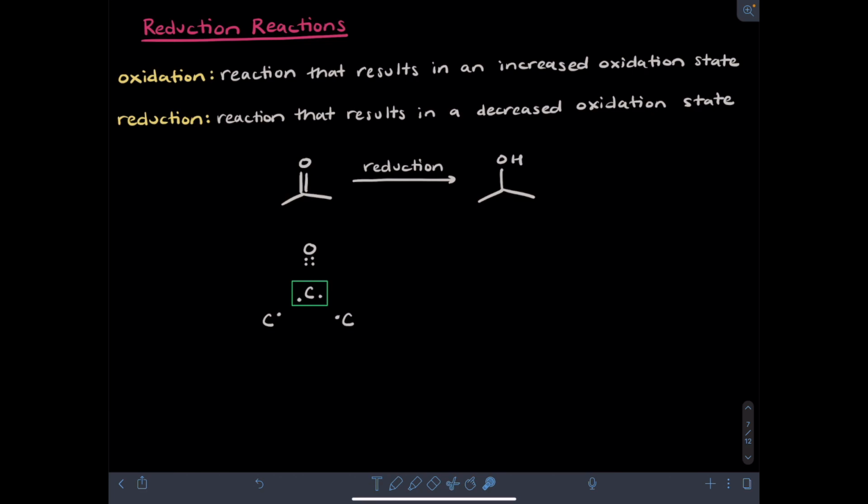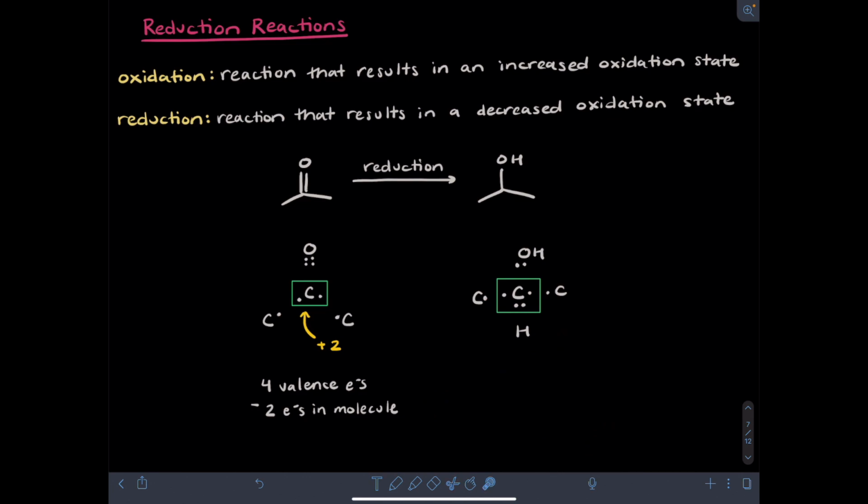From the carbon-carbon bond on the left, the central carbon has 1 electron assigned to it, and for the carbon-carbon bond on the right, the central carbon gets 1 electron assigned to it again. Taking the number of valence electrons and subtracting the number of electrons in the molecule gives this central carbon a 2+ oxidation state.